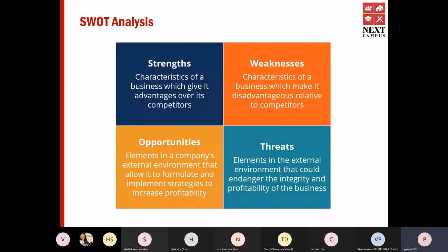SWOT analysis you do at the beginning of the project to understand the strengths, weaknesses, opportunities, and threats. It also gives you a very high-level overview of the risks involved and what you have internally to leverage the opportunities and to mitigate the threats.